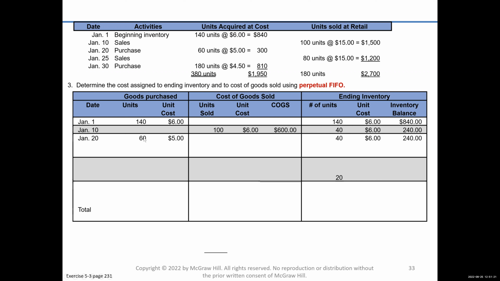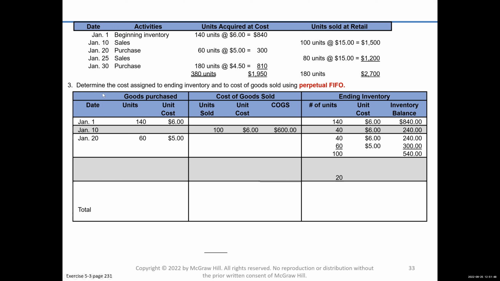And then we're going to add the second layer at 60 at $5 for a total cost of $300. Okay, so right now we've got 100 units and we'll cost them at $540. Remember, we built a layer. We have one layer at 40 at $6 and another layer at 60 at $5.